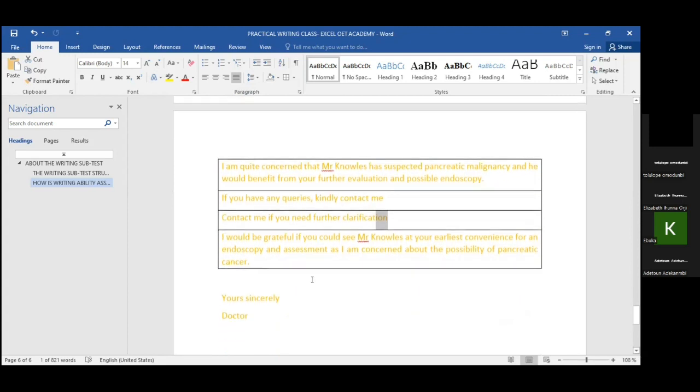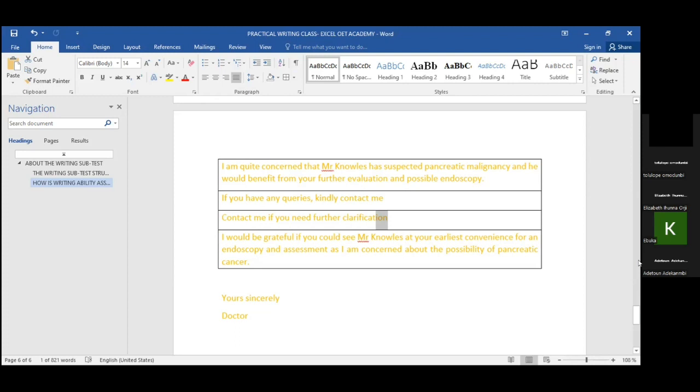Now, for yours sincerely and yours faithfully, if the name of the person you are referring the letter to is given, that's at the beginning. Remember at the beginning they wrote Dr. Dave something, Desai or something. So if that name is given, you end with yours sincerely.